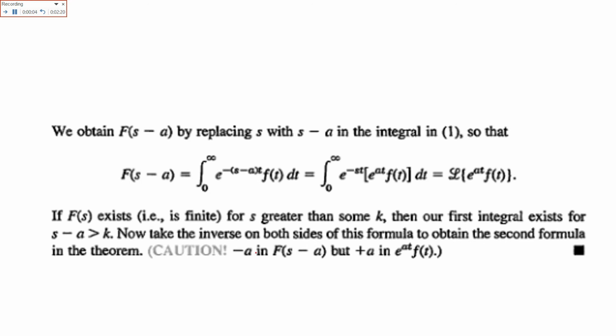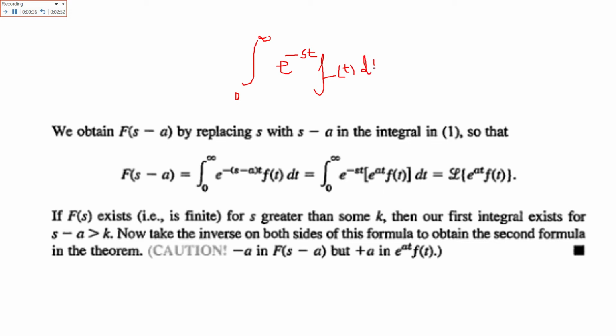We obtain f of s minus a by replacing s with s minus a in the integral equation, that is basically the equation of Laplace transform. The basic equation of Laplace transform is basically integral 0 to infinity e raised to power minus st f of t dt.